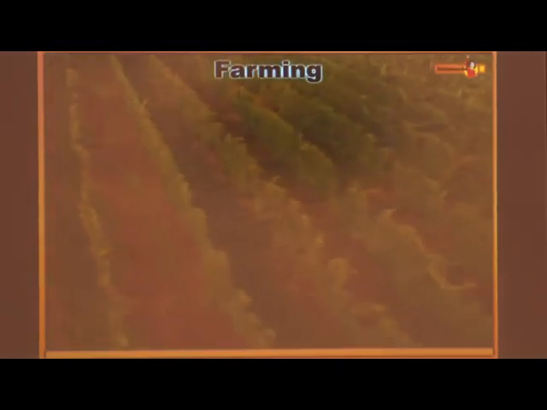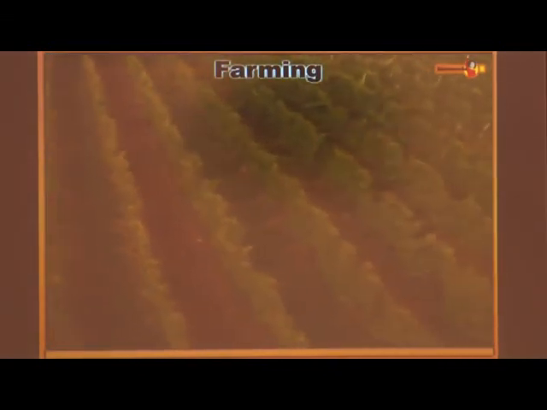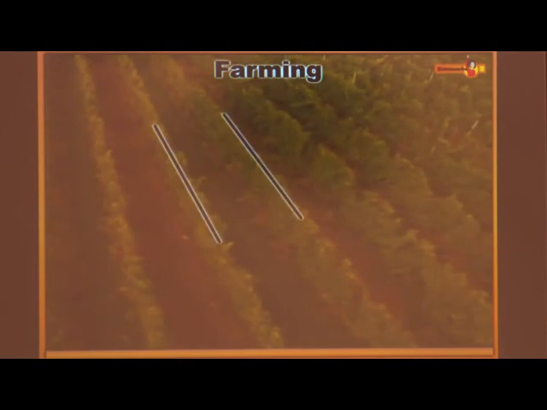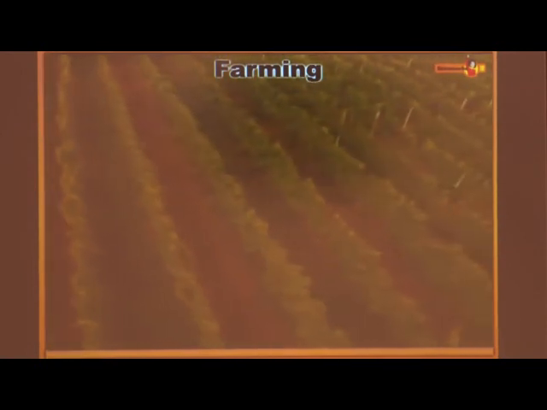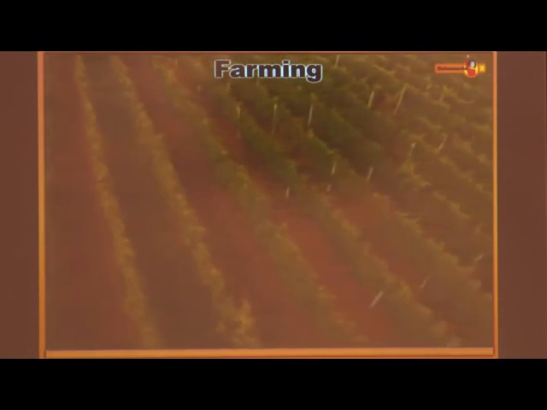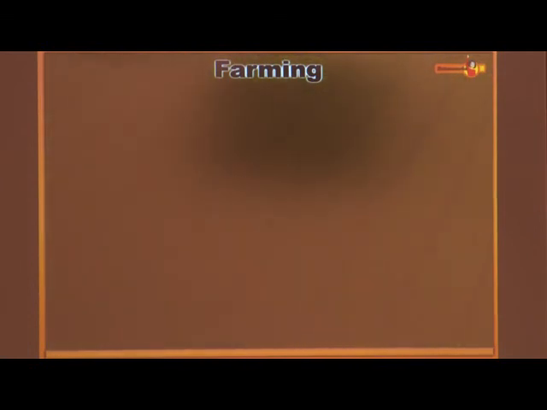Farming. Here we can see that the trees are planted in parallel lines. We can see some parallel lines on the field here.